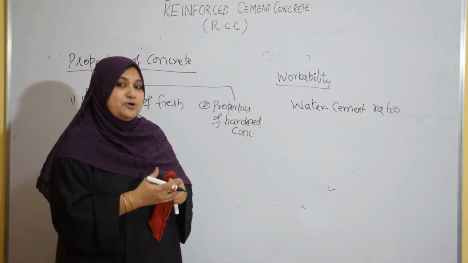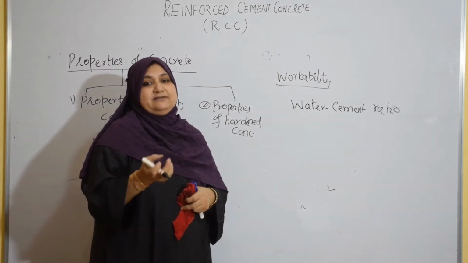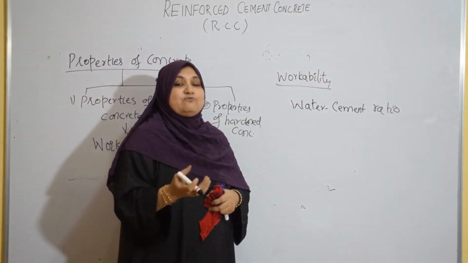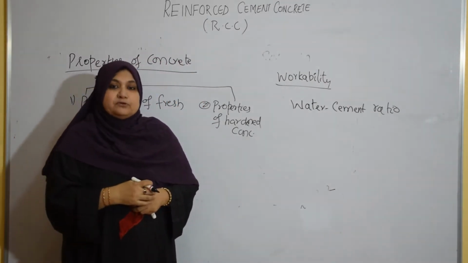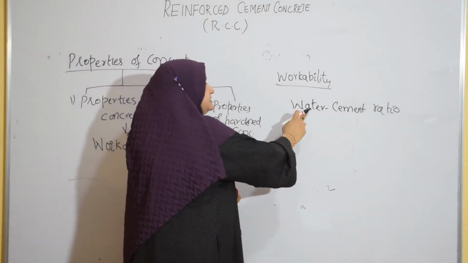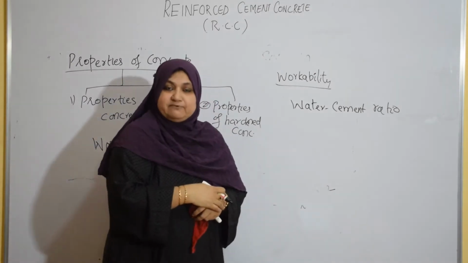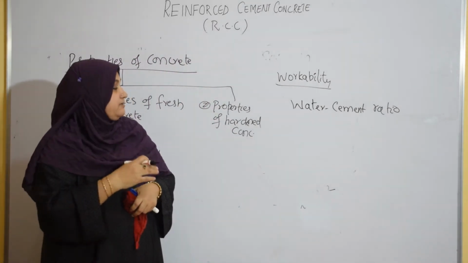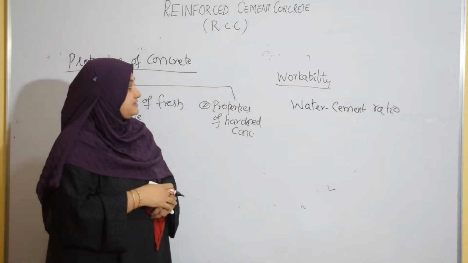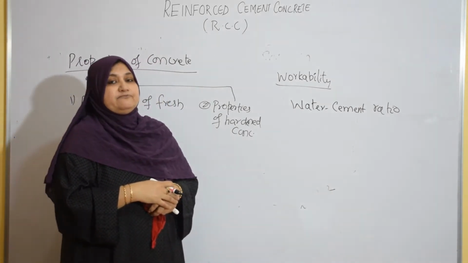If water is more, then the excessive water will bleed, so your concrete will be liquid, watery, and excessive water will leak from the joints of the formwork. That is called bleeding. So a good concrete is said to have a good workability. This is a very important characteristic of fresh concrete.